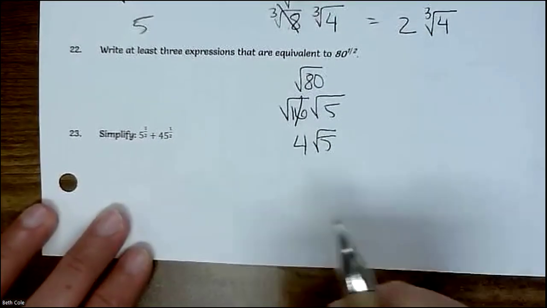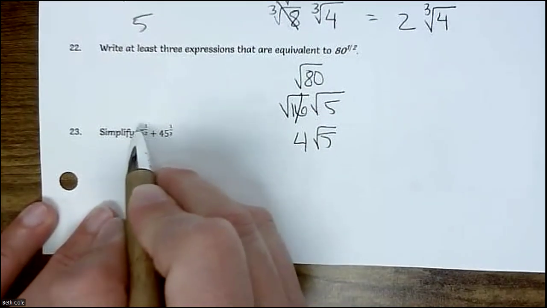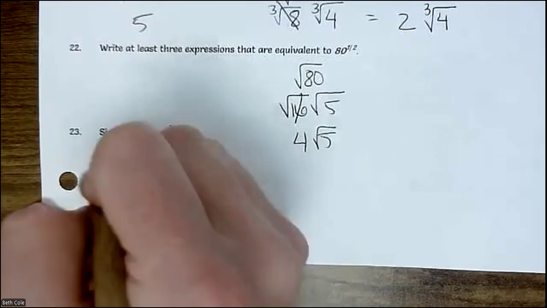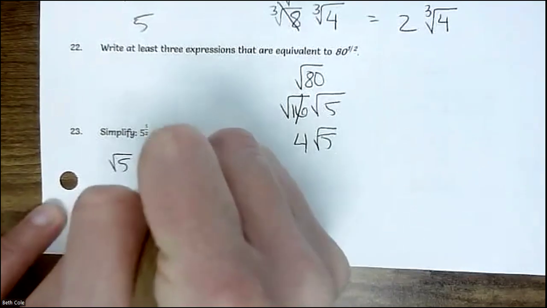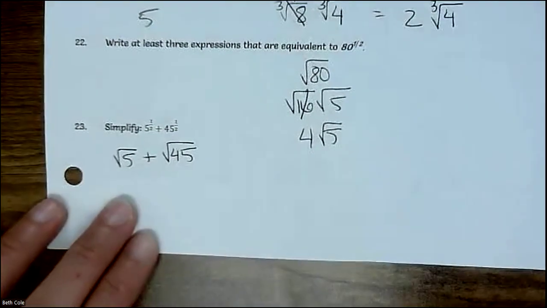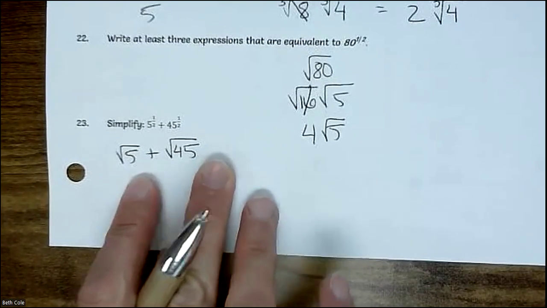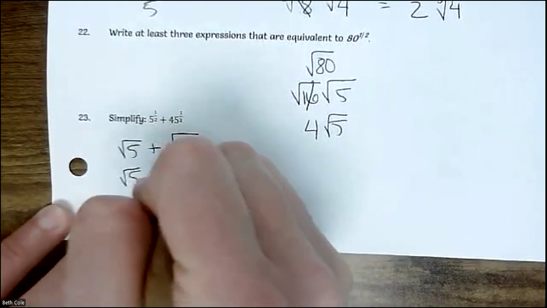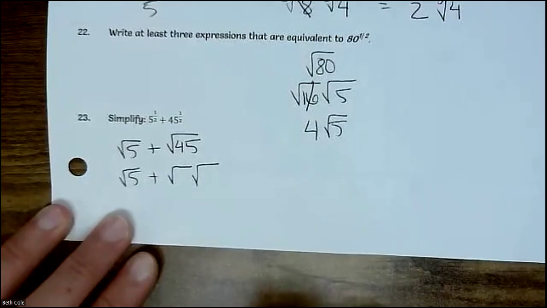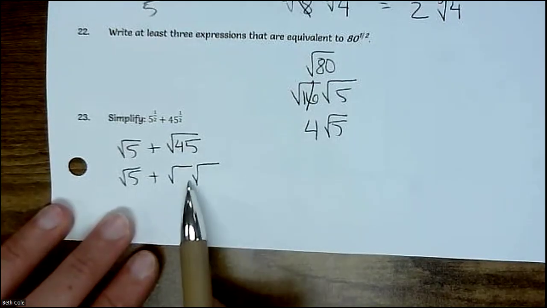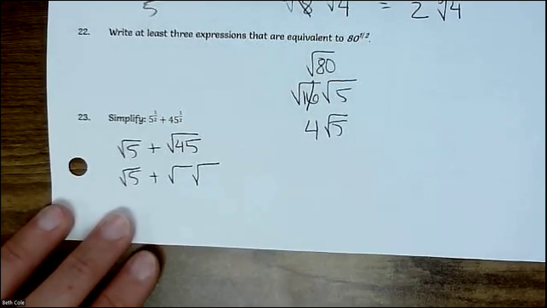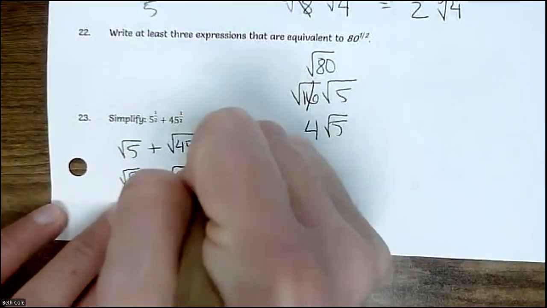All right. Last one. Square root or cube root? Yep. Square root of 5 plus square root of 45. Do you see how they're not the same? So you're going to need to split up the 45 to make it work. Do you know 2 numbers that'll multiply to be 45, but one of them's got to work? 9 times 5.